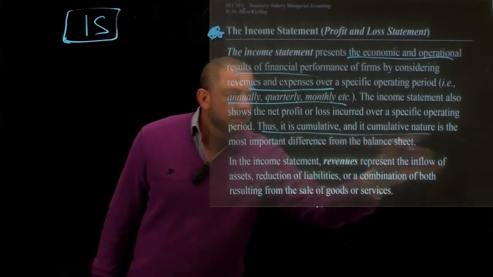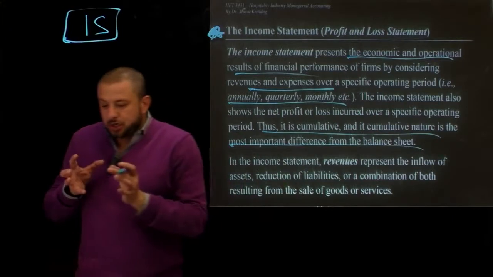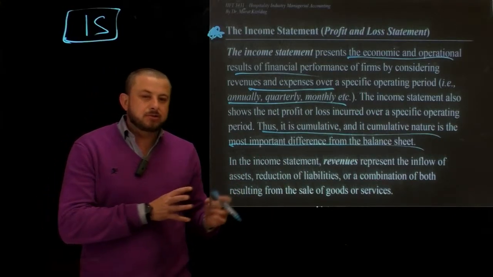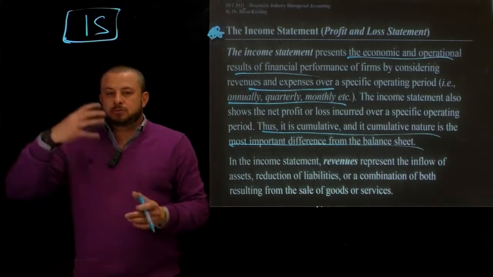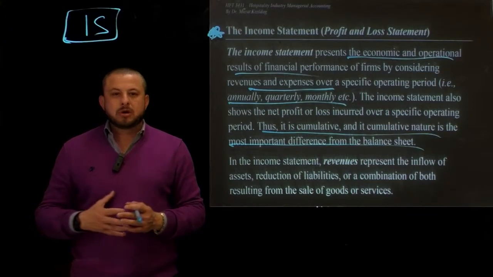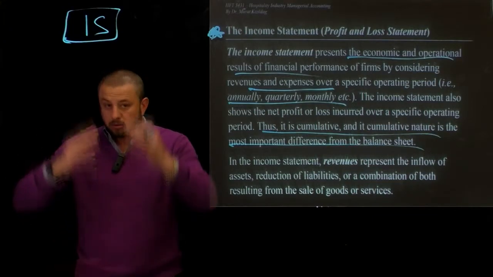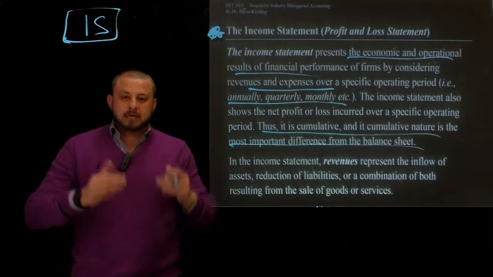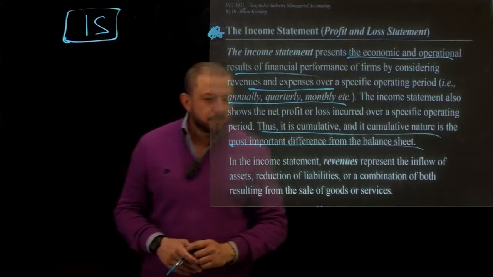It is cumulative, from January 1st in a given fiscal year until December 31st. Whatever you have in terms of revenues and expenses, then the gross profit, then tax and net income, net loss, cost of goods sold, and all the expense items, it adds up. Therefore, net income, net loss at the very bottom changes all the time.